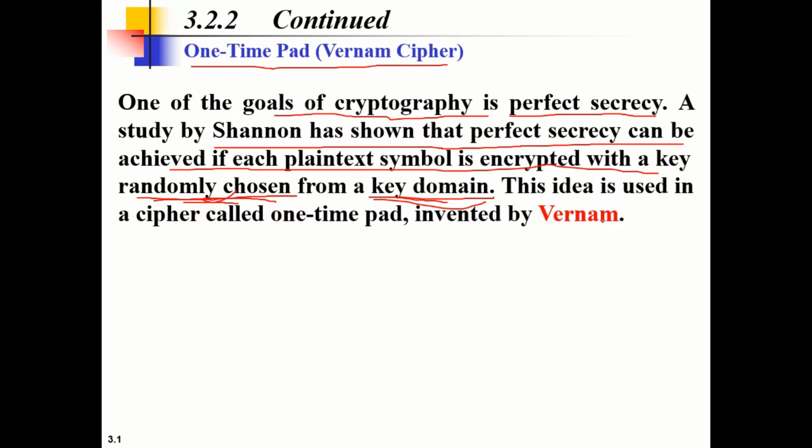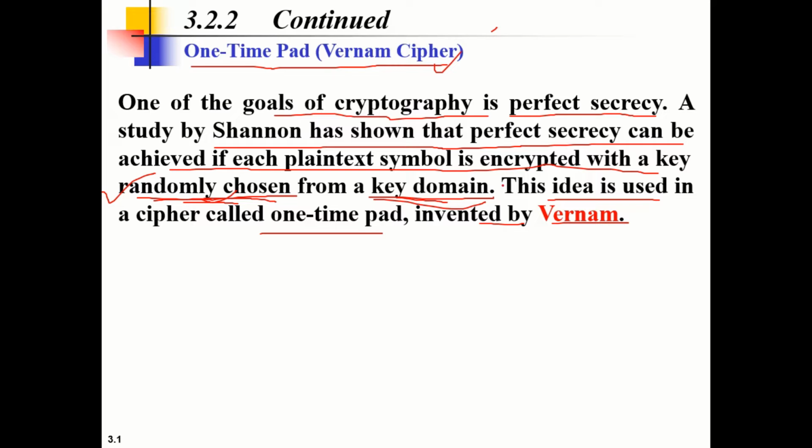This same idea of using randomly generated keys for the plain text is used in this technique, the one-time pad, which was invented by Vernam. That is why we also call it the Vernam Cipher.